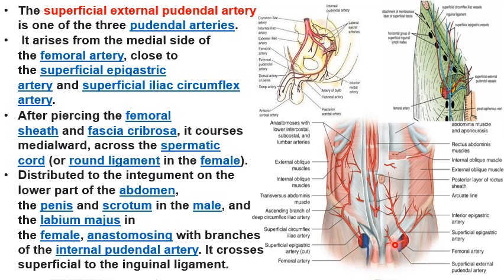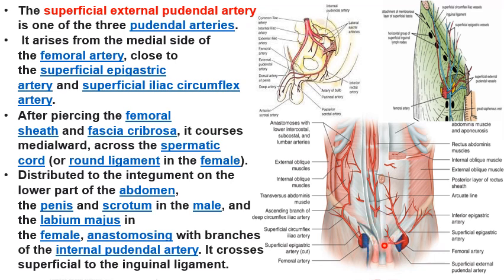So this superficial external pudendal artery crosses in front of the spermatic cord in males or the round ligament in females, and this artery supplies the integument of the lower part of the anterior abdominal wall.